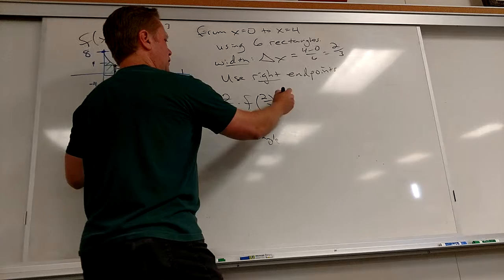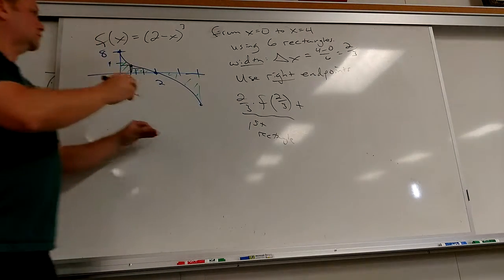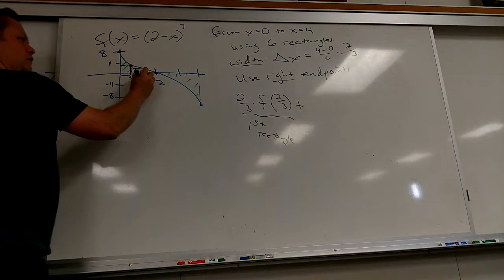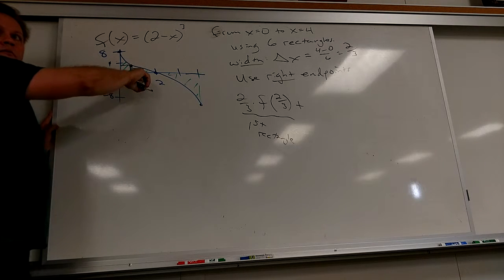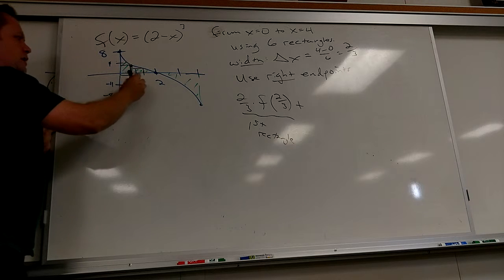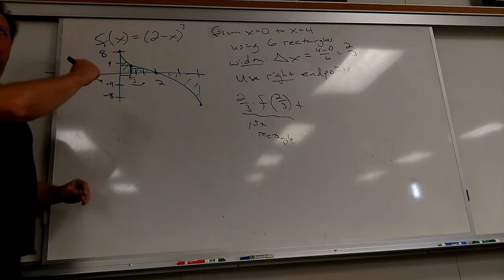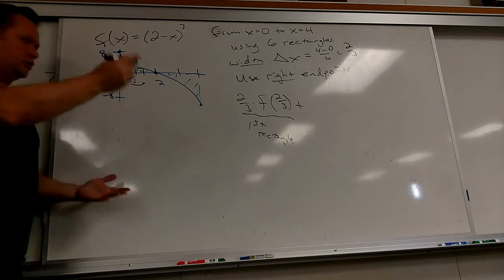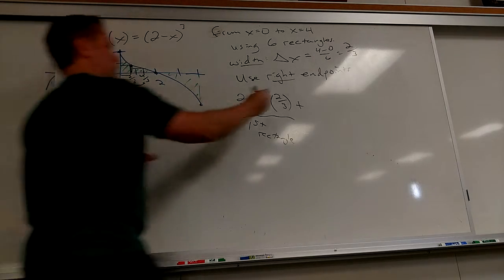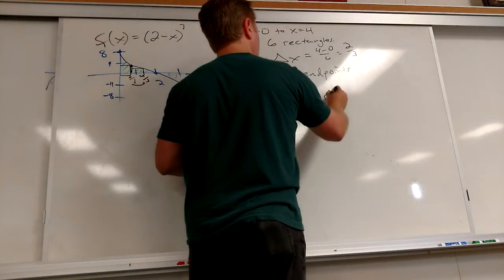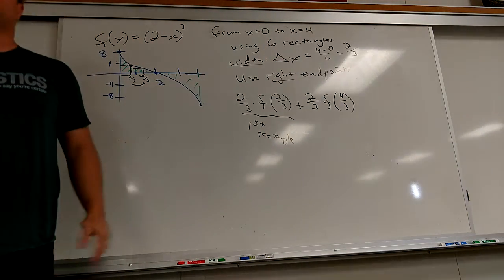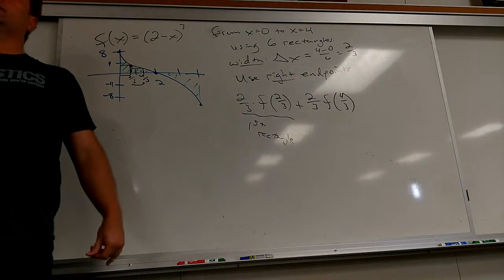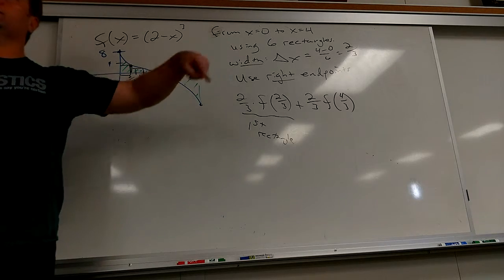What's the second rectangle going to look like? Where am I at now? My input. One more step gets me where? 4/3. Okay. So now it's going to be the width times the height. Now how many more terms like this am I going to have? A total of 6, so 4 more terms. I like it.